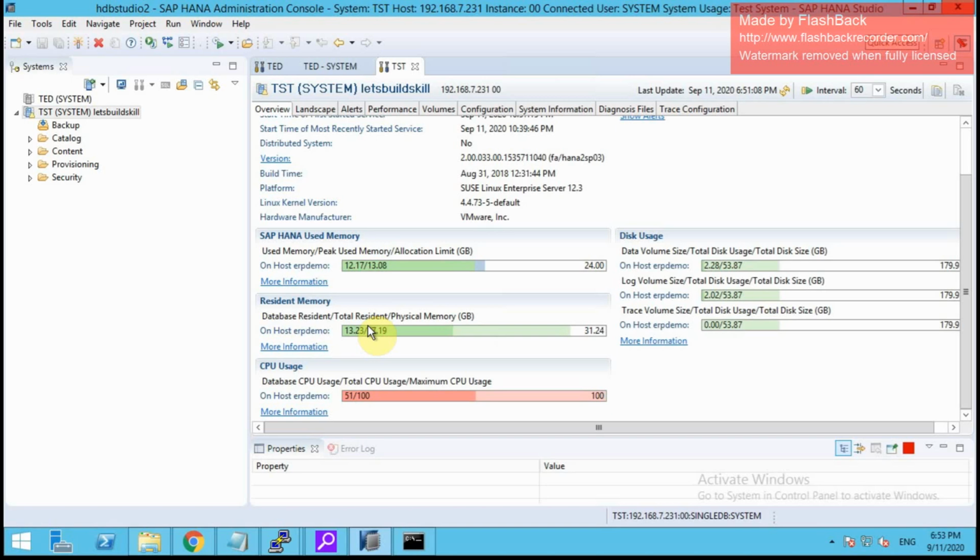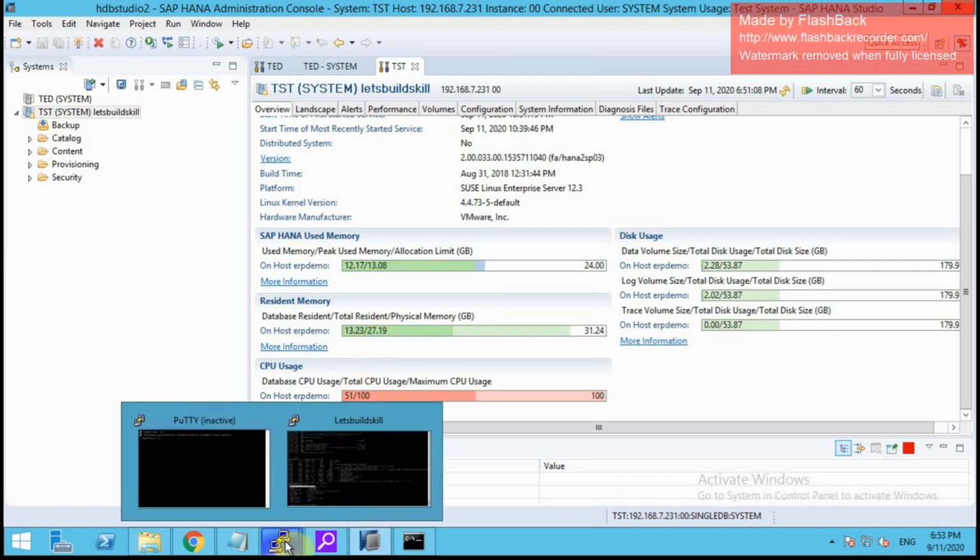First, let us try to understand what resident memory is. Resident memory is nothing but the memory which is physically available on the hardware or your virtual machine. So, how to check that?